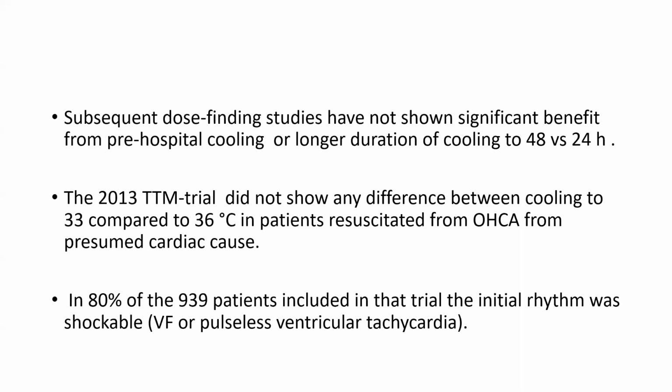Subsequently, dose-finding studies have not shown significant benefit from pre-hospital cooling or longer duration of cooling, 48 versus 24 hours. In 2013, the TTM trial did not show any difference between cooling to 33 degrees Celsius compared to 36 degrees Celsius in patients resuscitated from out-of-hospital cardiac arrest of presumed cardiac cause. In 80% of the 939 patients included in this trial, the initial rhythm was shockable.